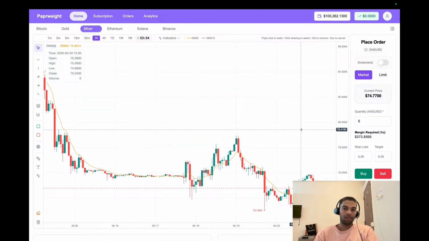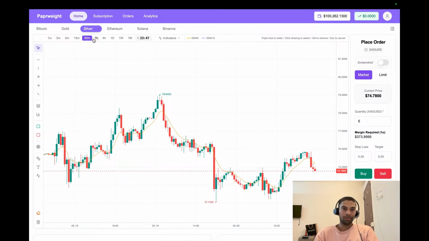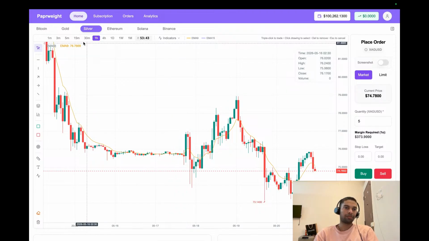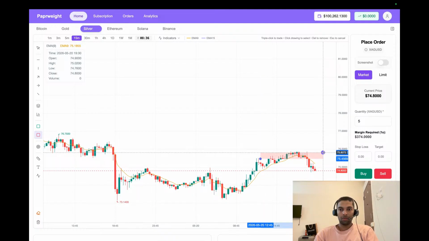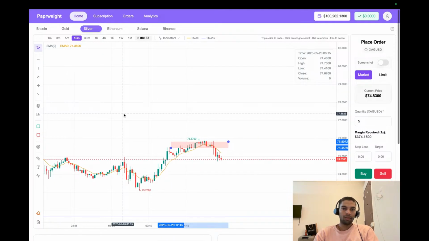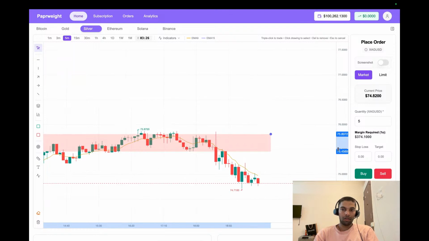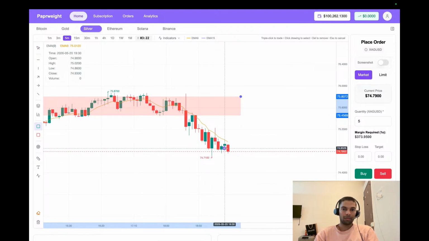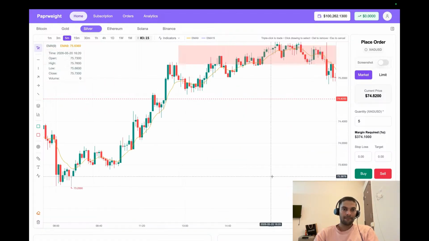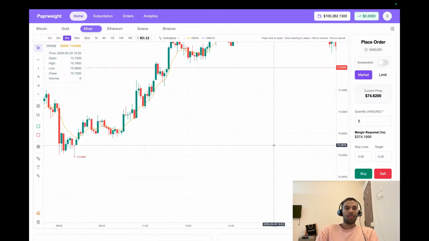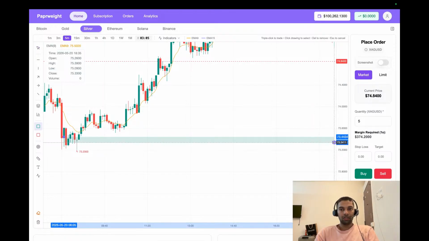But in this crazy world, anything can happen, guys. Next buying support can be seen at this area. It's quite far.